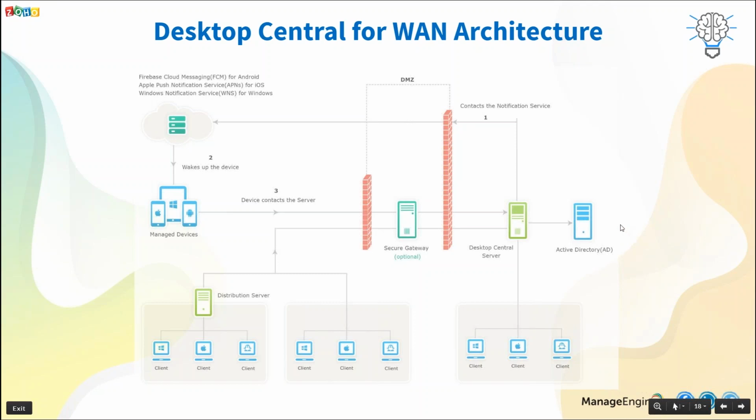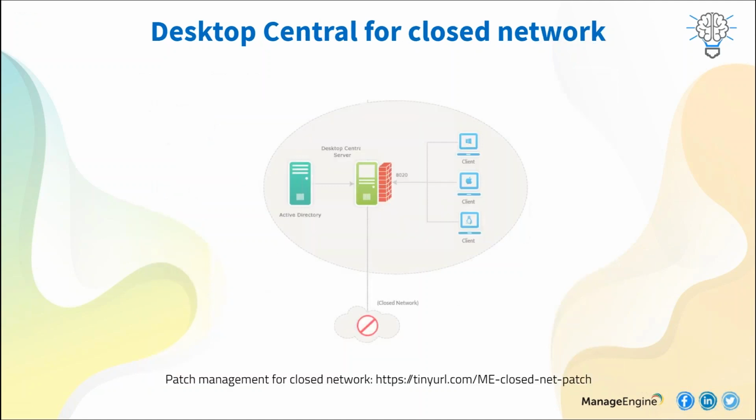You can deploy software, patches, or scripts targeting Active Directory groups and organizational units. So this is the architecture of how Desktop Central works under a wide area network. Even if you have a closed network, you can still use Desktop Central to manage your endpoints.